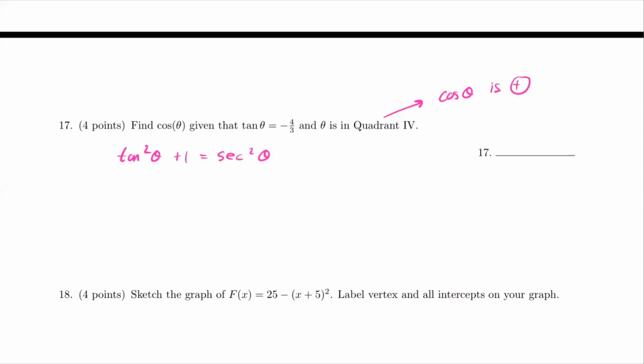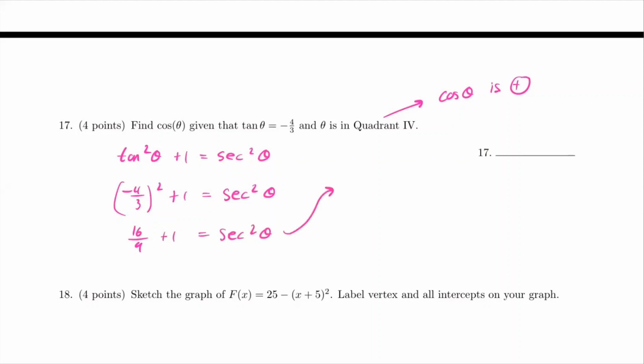Let's plug in the value for tangent theta. This is -4 over 3 squared plus 1 is equal to secant squared theta. For -4 over 3 squared, that's 16 over 9 plus 1 is equal to secant squared theta.